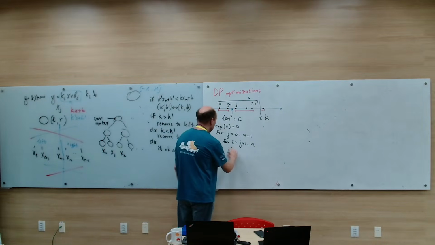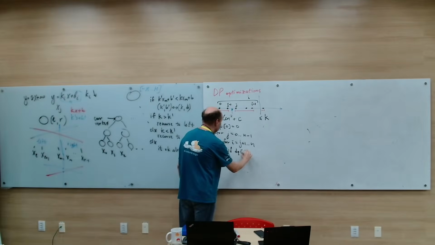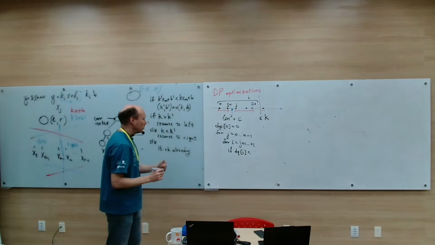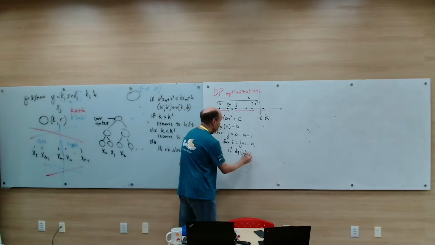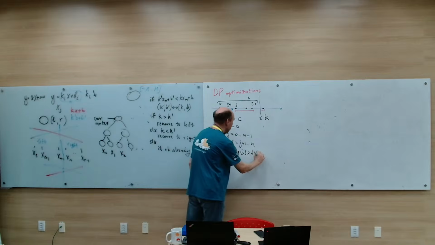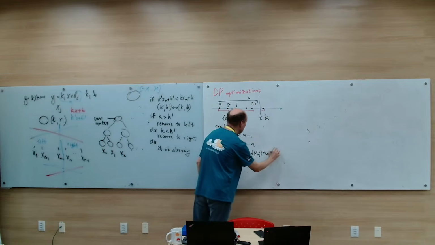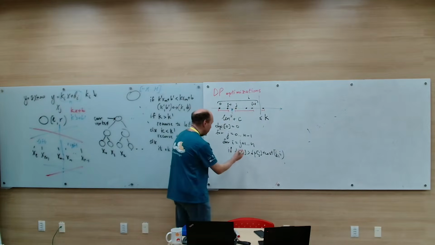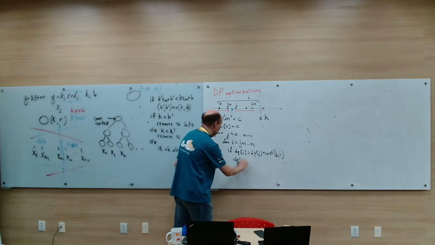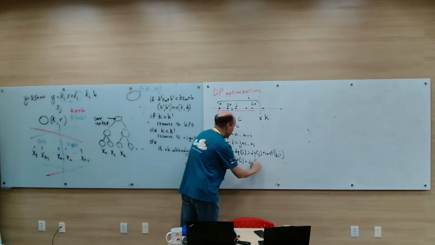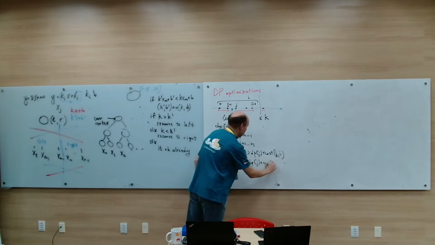So if DP I is worse than DP J plus cost from J inclusive to I not inclusive, then we update it with DP J plus this cost.